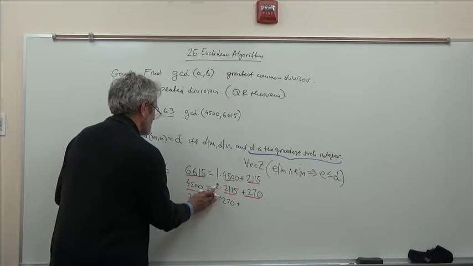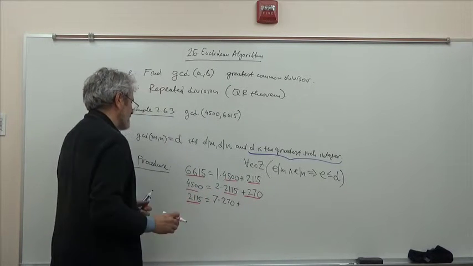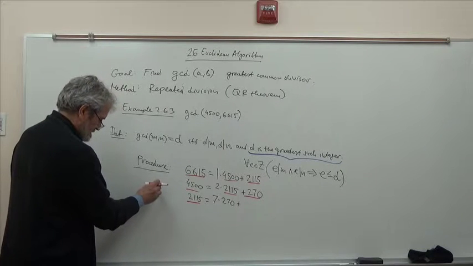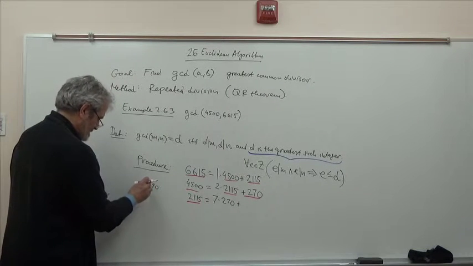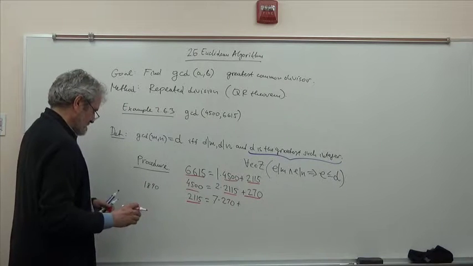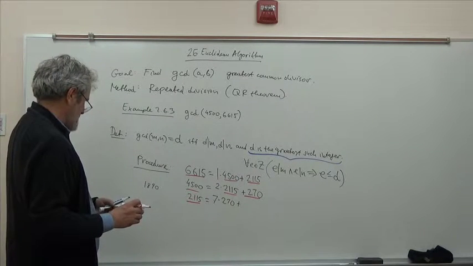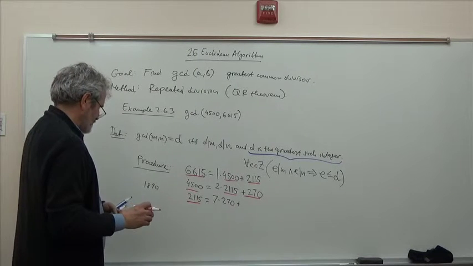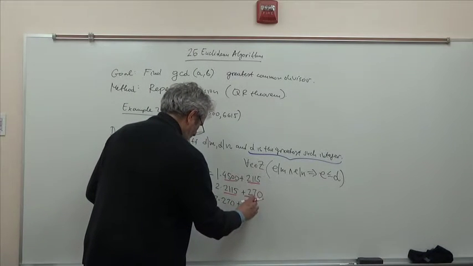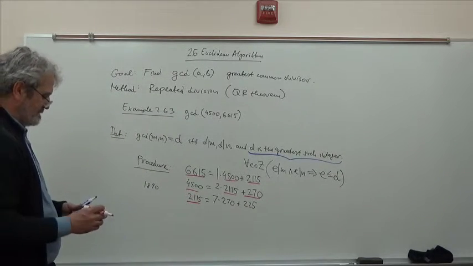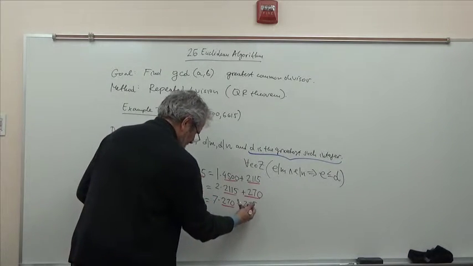Too much. 7. I should have probably brought the calculator. So the remainder is 225. Again, the same procedure.